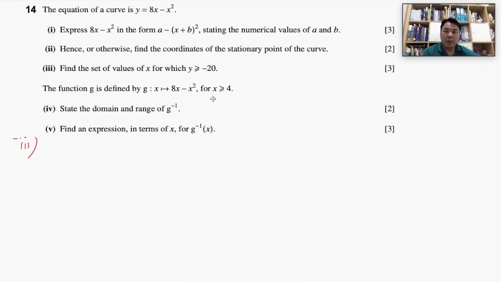For y greater than -20, all we need to do is just assign this, which is greater than -20, and then rearrange it again. So this one would be less than 0. And then factorize that again.